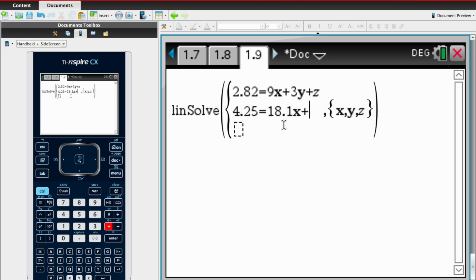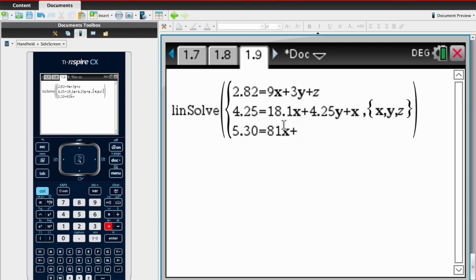Then 18.1 is equal to 9x plus 4.25y plus z, and then 5.3 is equal to 81x plus 9y plus z.